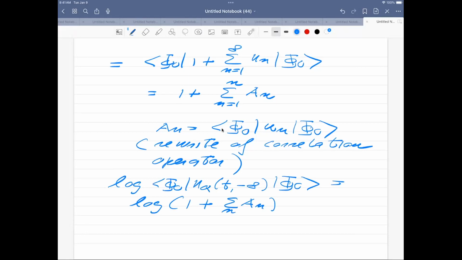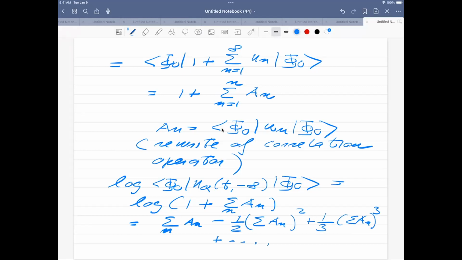And now we can Taylor expand this. When we Taylor expand it, it's going to give us a sum over n of A^(n) minus 1/2 of a sum of A^(n) squared, and then plus, and I think this is 1/3, a sum of A^(n) cubed, and this goes on to infinite order.